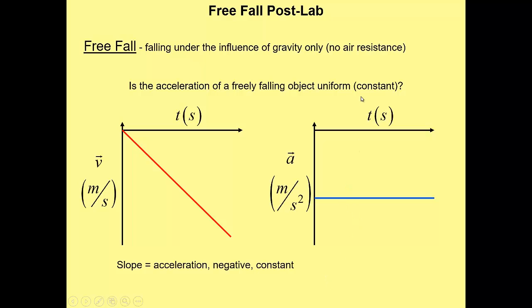Notice it's negative, it's underneath the time axis. Time axis is up here. And it's constant because it's a horizontal line. Isn't that what the graph of a constant looks like? Any time you choose, you get the exact same acceleration. So these are graphs of uniformly accelerated motion, but specifically for free fall near the surface of the Earth.